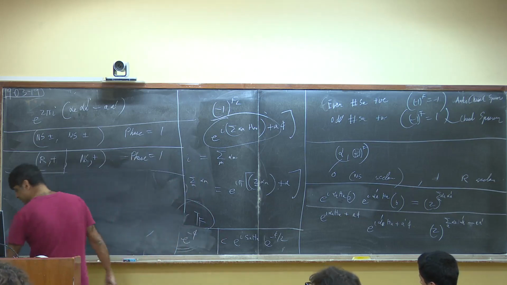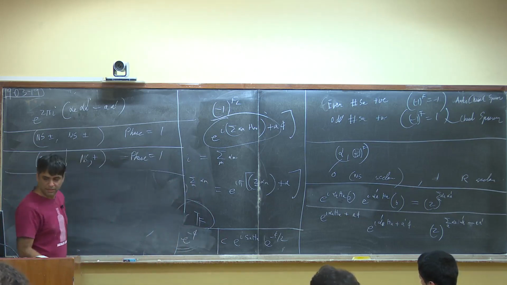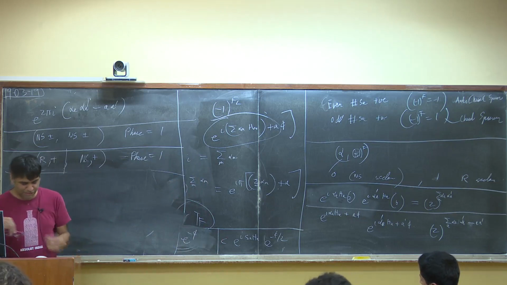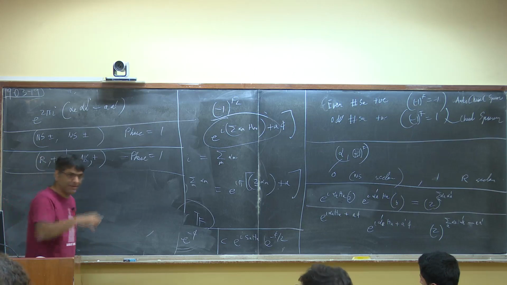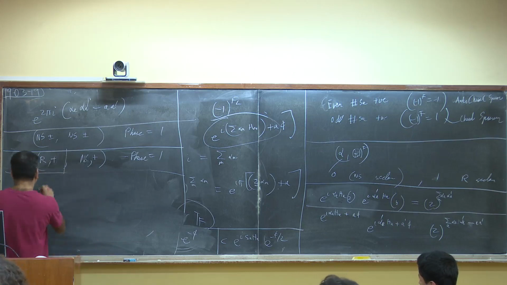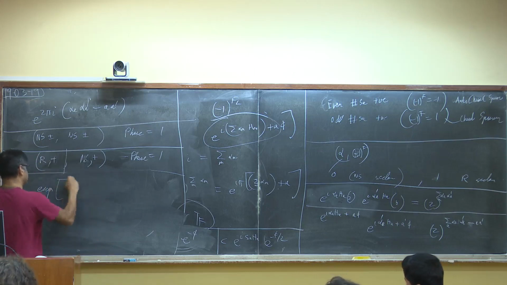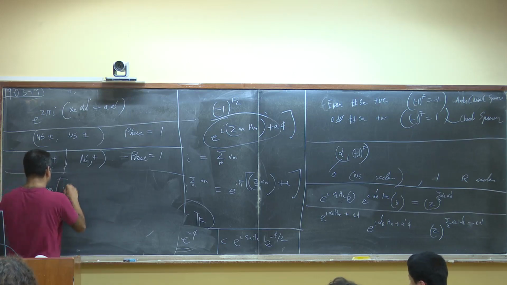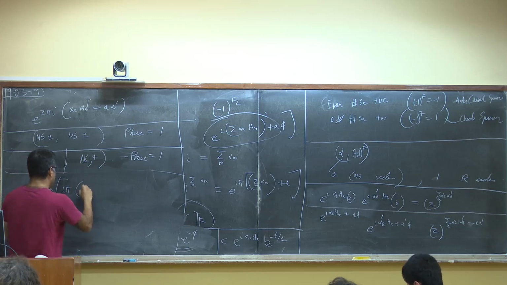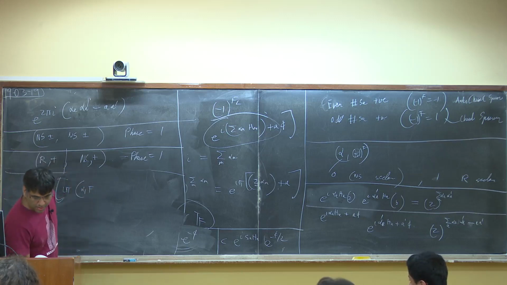Okay, now let me write down Polchinski's formula. Polchinski has a beautiful general formula, which is also quite intuitive and makes this intuition a bit clear. He claims that the answer is always exponential of i pi alpha 1 f2.